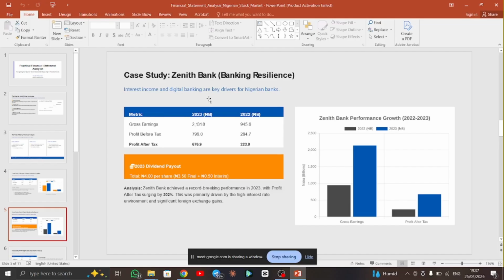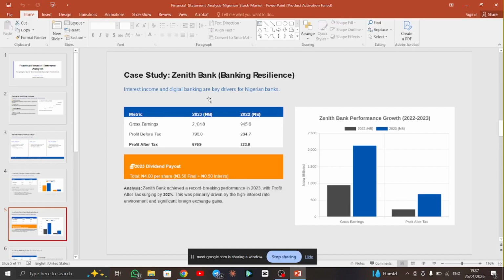So now this is Zenith Bank, and with the look of things, you see that Zenith Bank also made profit. Now I told you guys when we were talking about the landscape in our first slide, that for you to even start your fundamental analysis, make sure that the company has a large cap. Now if you look at 2023, in bracket we have naira in billions, to tell you that the market cap of Zenith Bank is operating in what?